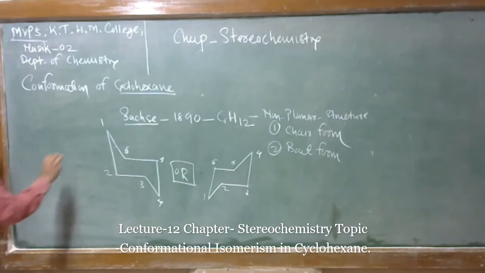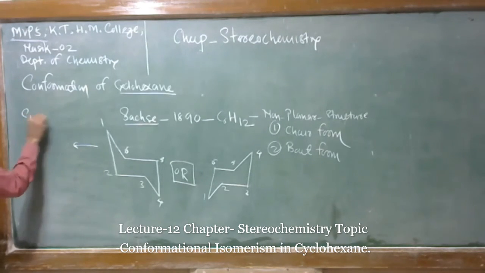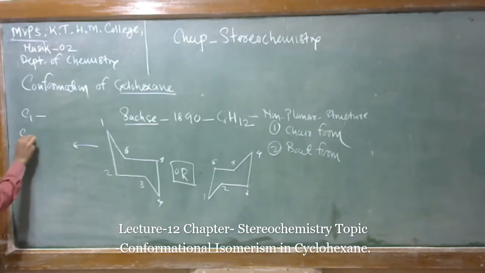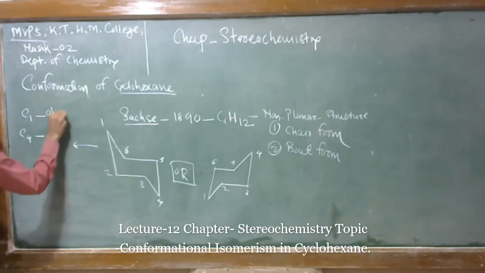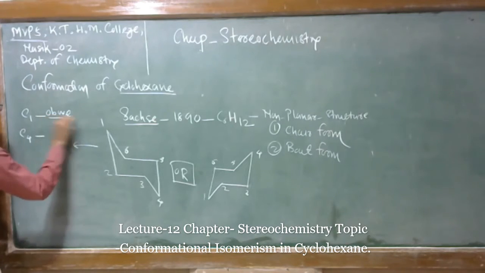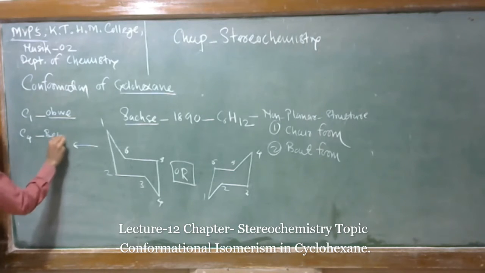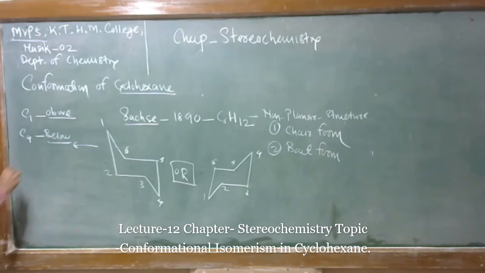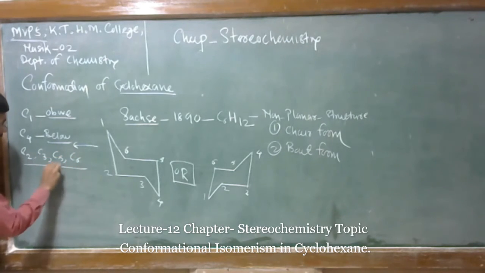In the chair form we can observe that carbon C1 is above the plane, while C4 is below the plane, while carbons C2, C3, C5 and C6 are present in one plane, the average plane.